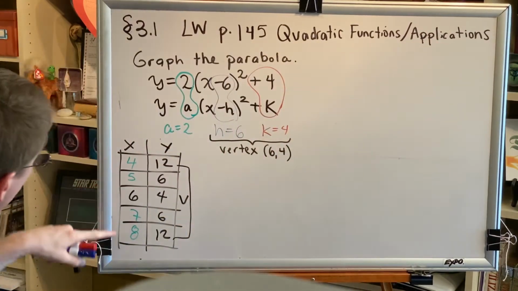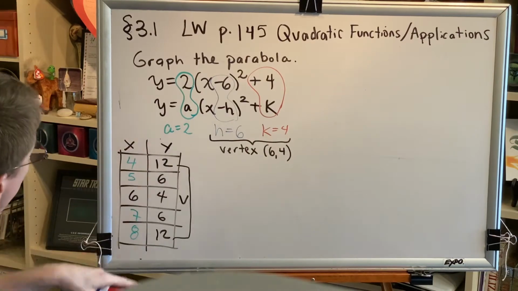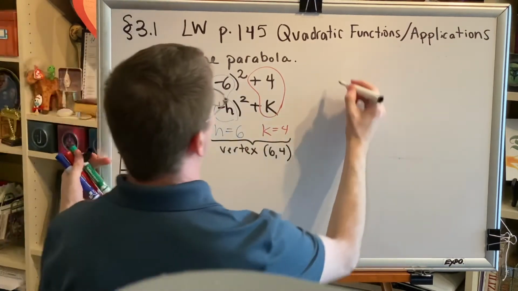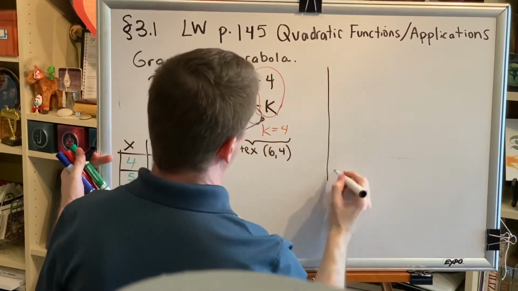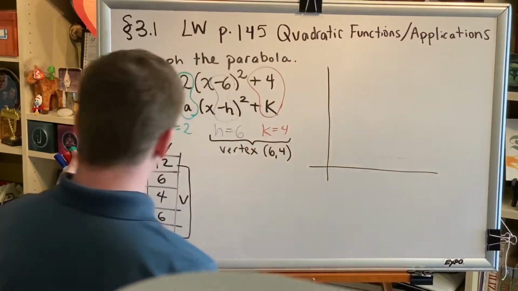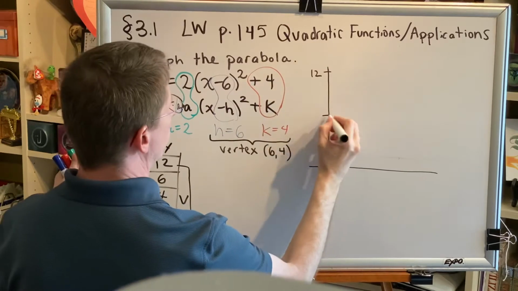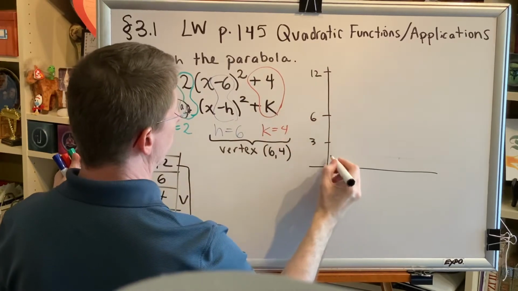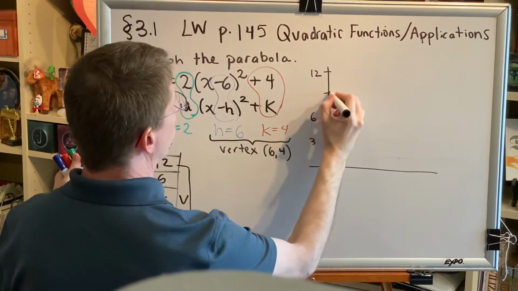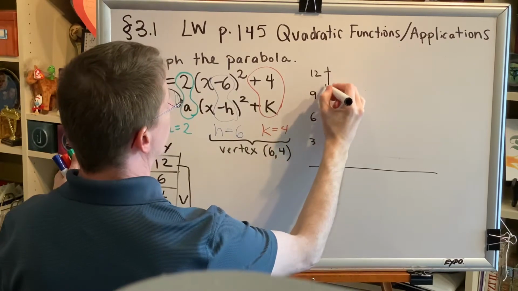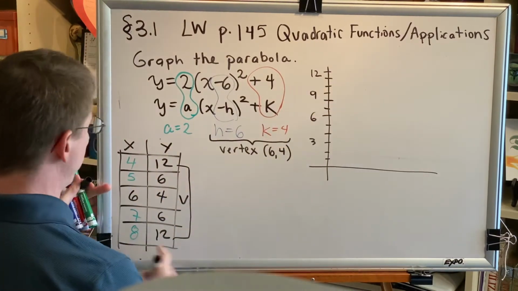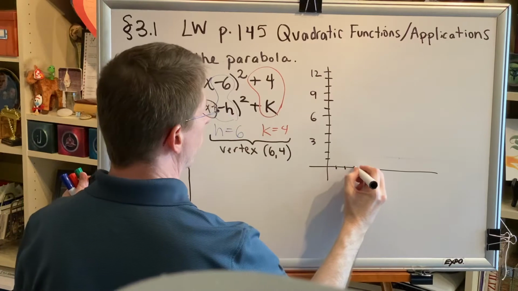Okay, our x's need to go from 4 to 8, and our y's need to go from 4 to 12. So that means I only need quadrant 1 of my graph. The y's go up the highest, all the way up here to 12. And the x's have to go all the way out to 8.